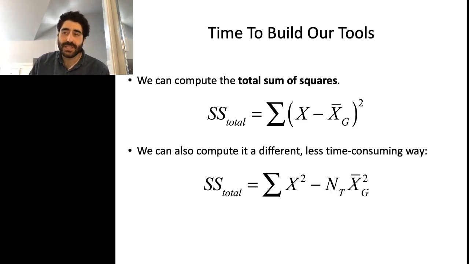If all of our data points are exactly the mean, then the total sum of squares would be 0. There's no variation in our data set, and there's nothing interesting we could say. What we're hoping is that there is some variability in our data set that we're going to try to explain.